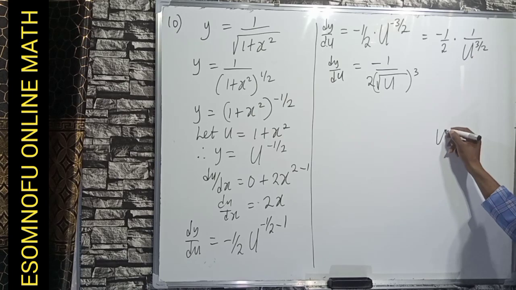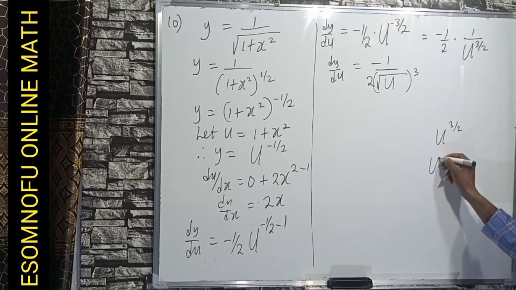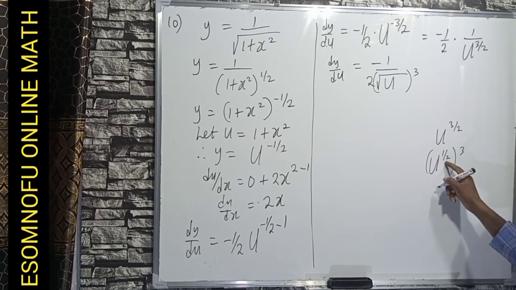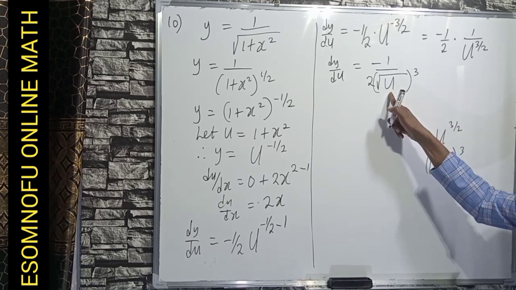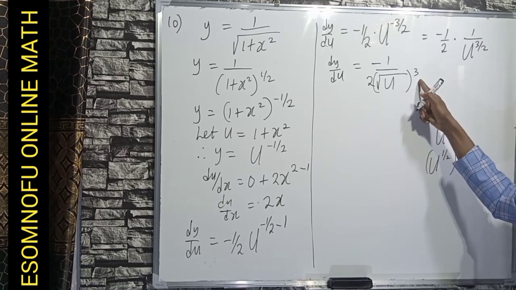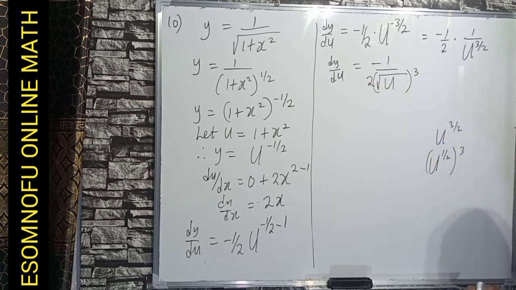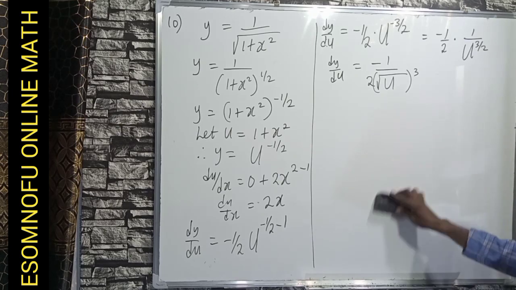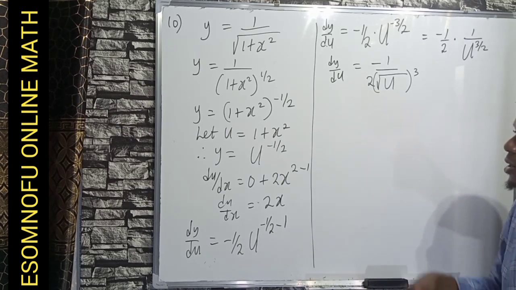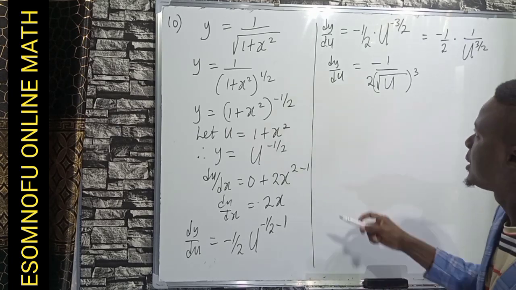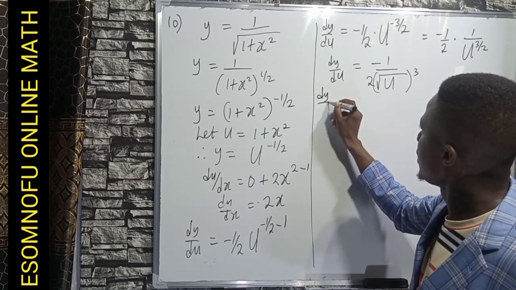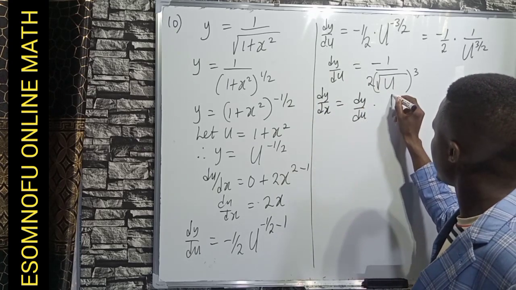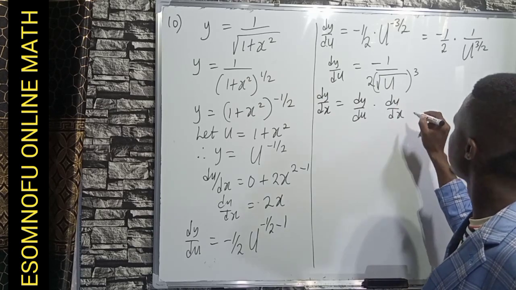When you have u to the power of 3 over 2, it is like saying u power of half, then bracket 3. And u power of half means square root of u, which we have written here. Then you write your power of 3. Remember there is a 2 here, so don't be confused when you see the simplification I've made. So this is now serving as our dy du. Then remember that from the chain rule, dy dx is equal to dy du times du dx.